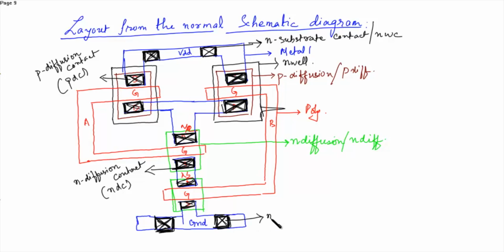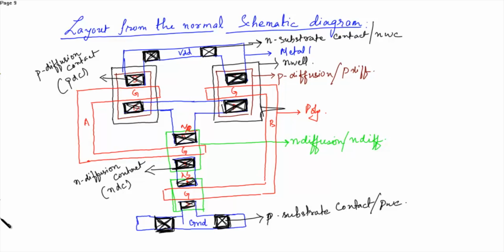This is the P substrate contact or the PWC. So this is the layout from the normal schematic of a twin port NAND gate.